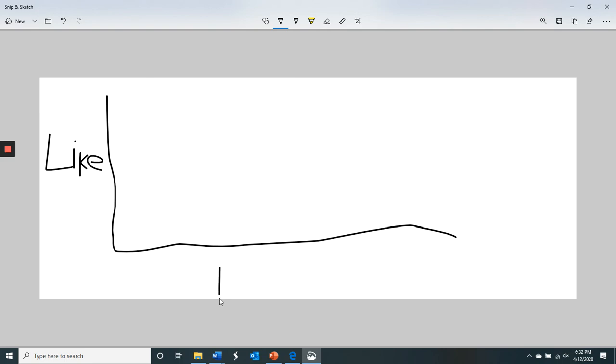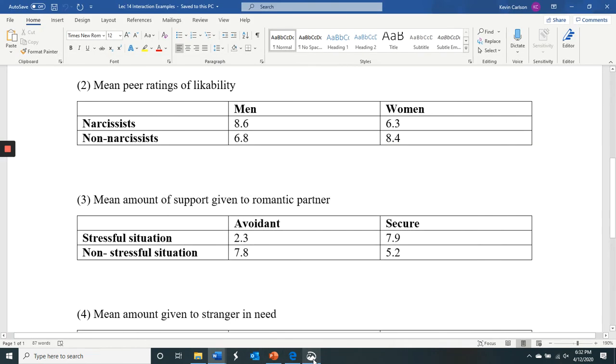And we have non-narcissists, so people who are not narcissistic, and we have narcissists. And the other thing is males and females, but I'm going to just take this one at a time. So non-narcissists, men are 6.8 in terms of likability, and women are 8.4.